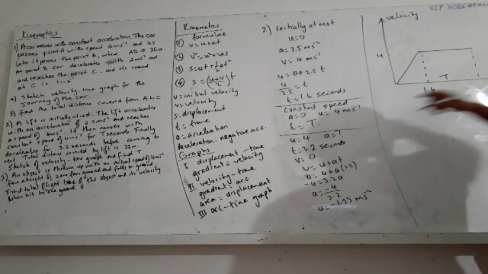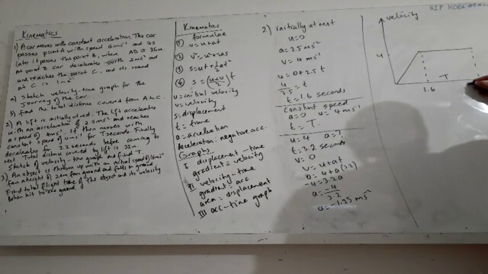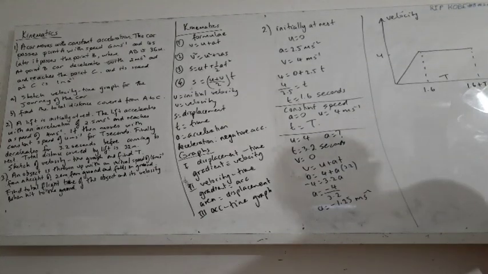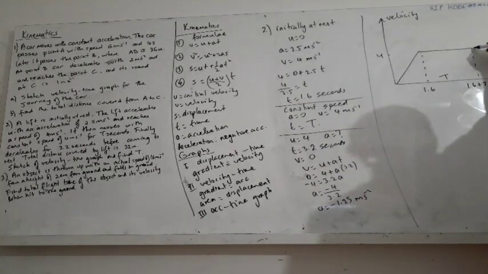So we reach a time of 1.6 plus t. Then it starts to decelerate for 3.2 seconds. That means the total time for the journey is 4.8 plus t. 1.6 plus t plus 3.2 is 4.8 plus t.